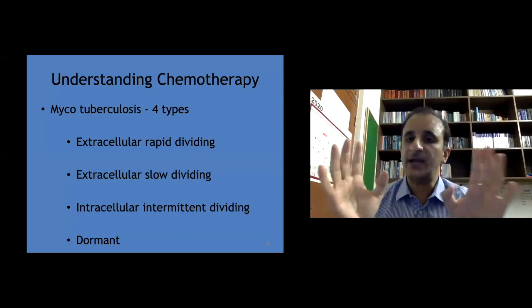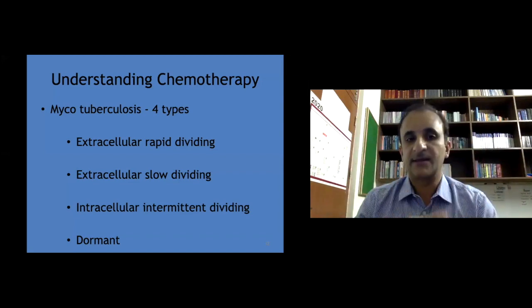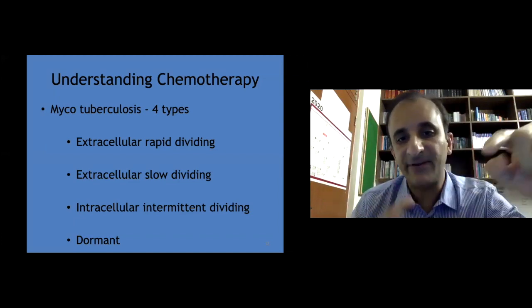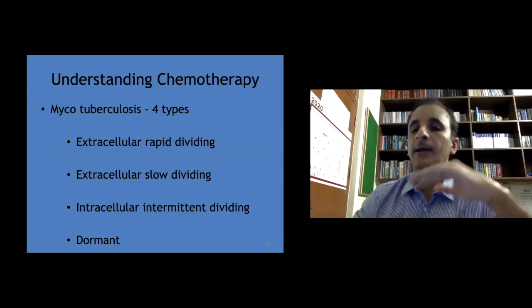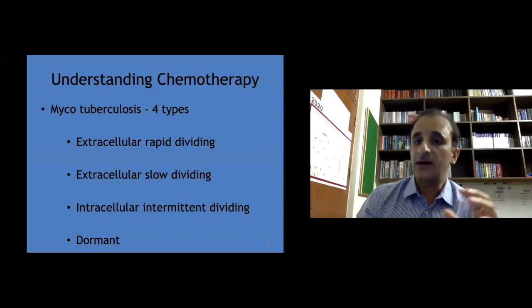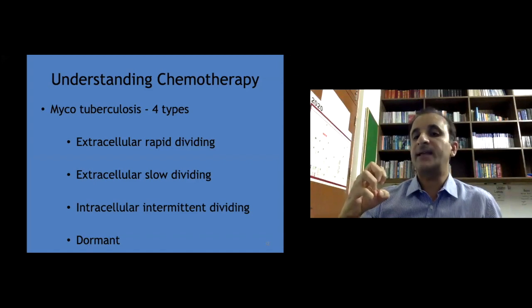There are 4 types of Mycobacterium tuberculosis in the disease. So the first is extracellular and rapidly dividing bacteria. The second would be extracellular but slow dividing or intermittently dividing. The third would be intracellular, where the macrophages have taken up the bacteria.